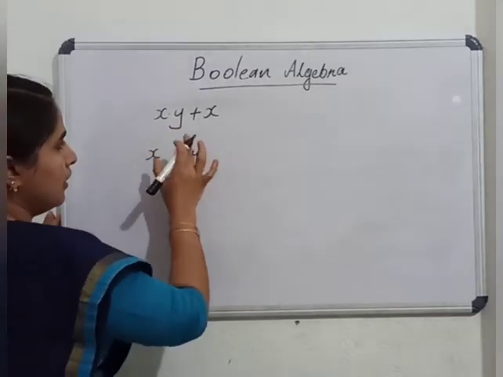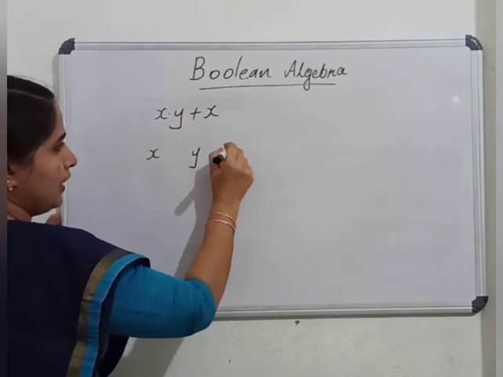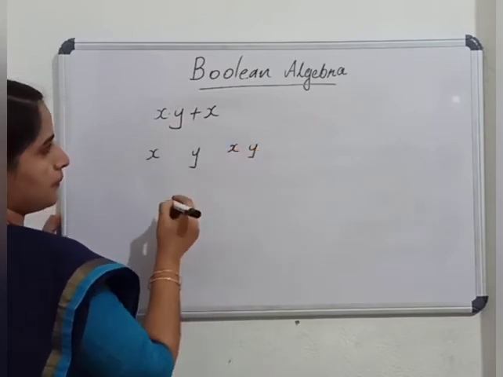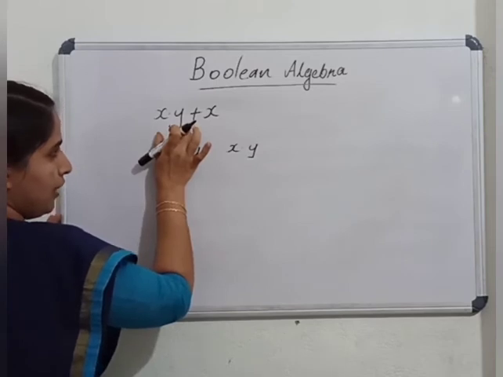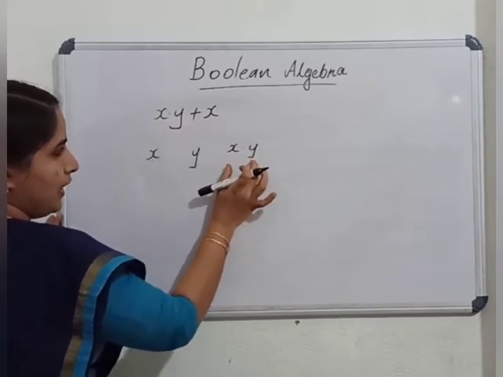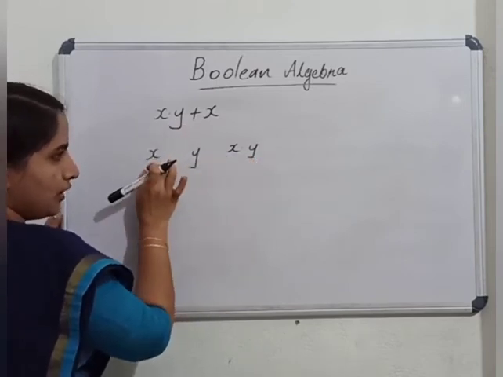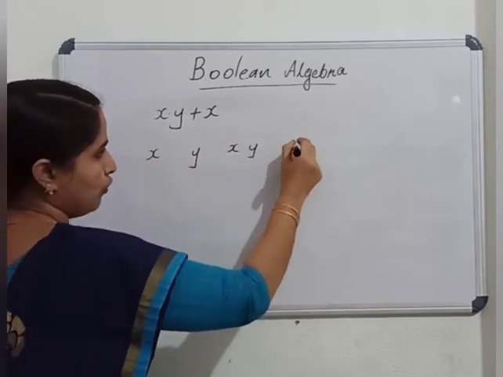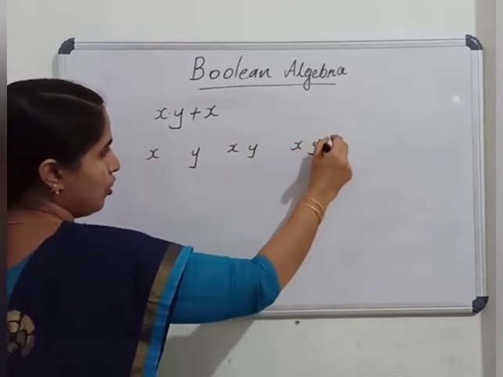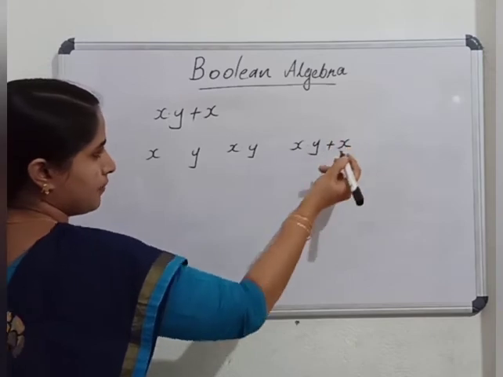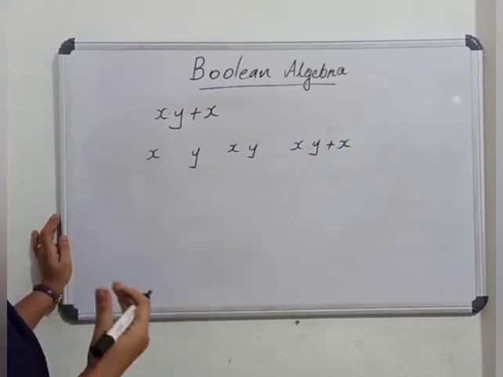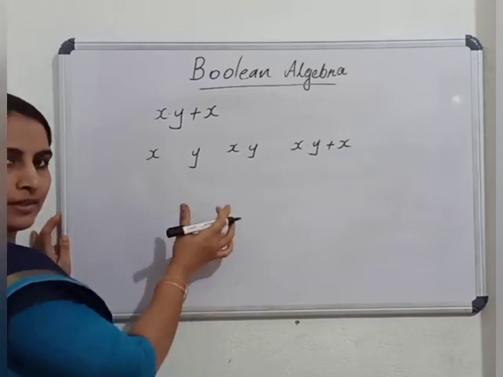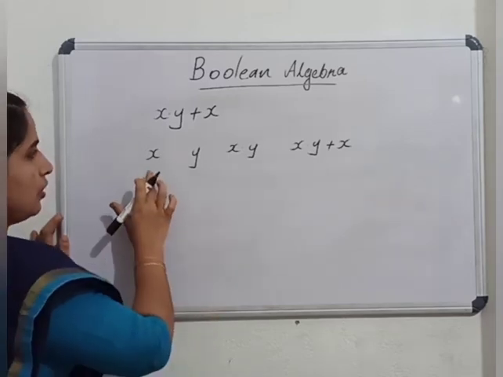Next, after performing x and y, you can easily find out x and y or x. So one more column for x and y or x. In a column, better to work with only a single operator. Okay. So x and y.